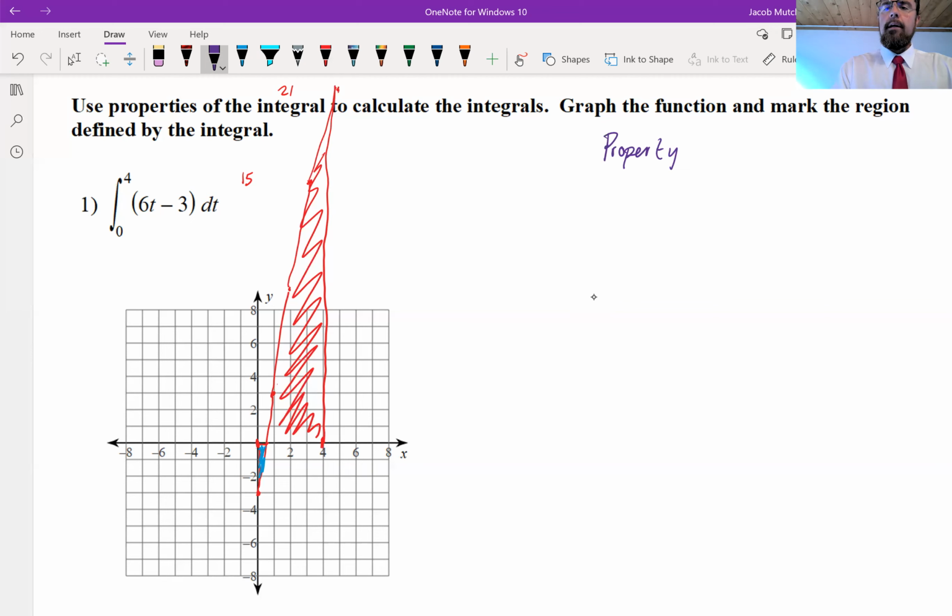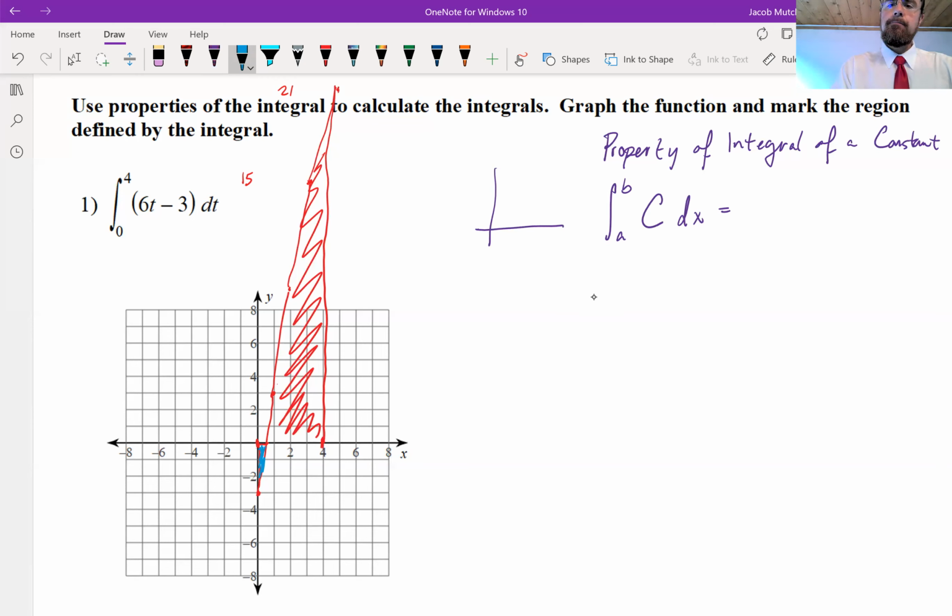What the property of the integral of a constant says is that if I'm taking the integral from a to b of just a constant number, the integral from a to b of c dx, it's really just saying that if I'm calculating from a to b of a constant, and I think about that as area, that's just a rectangle.